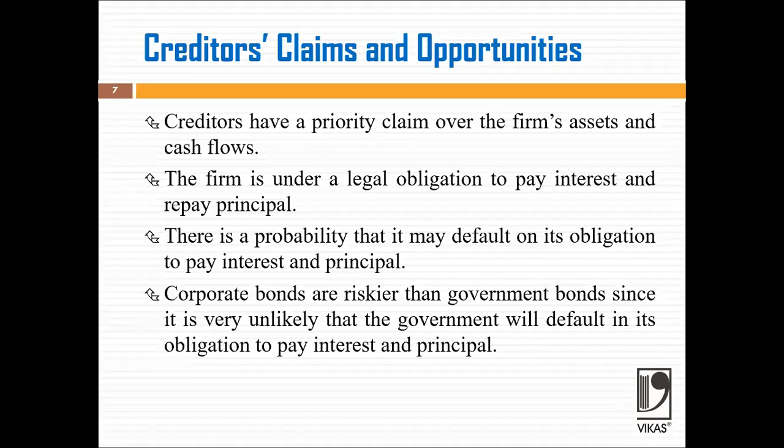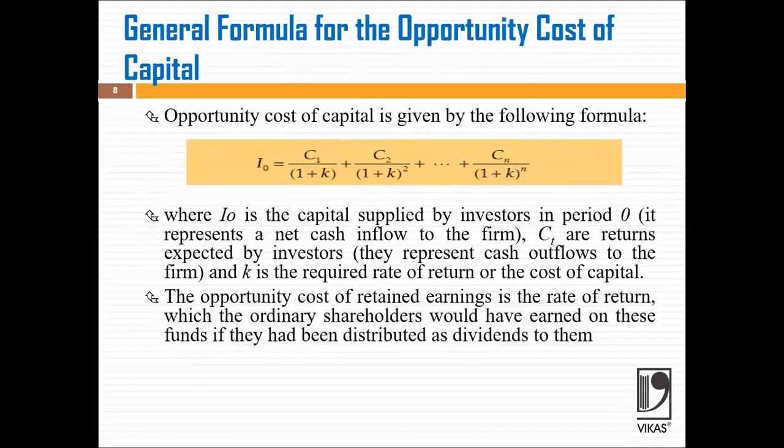Therefore, the cost of capital and required rate of return is comparatively lower for government bonds than corporate bonds. Right. The general formula for the opportunity cost of capital. The opportunity cost of capital is given by the following formula. Right.